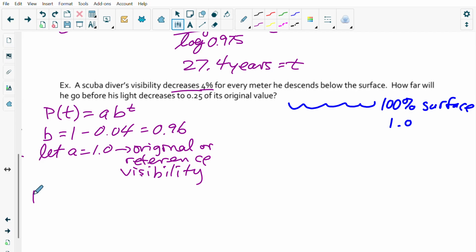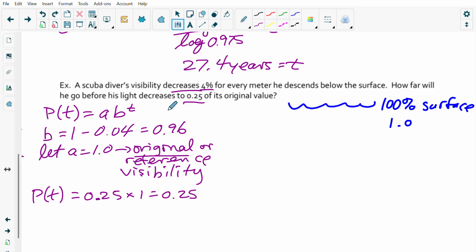Okay. Therefore, P of t, the final visibility, it decreases to 0.25% or 0.25 of its original value. So 0.25 of the original value, which is 1. So it's just 0.25. Nice and easy, right?